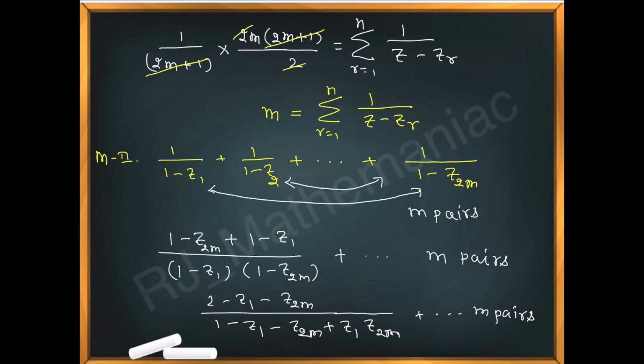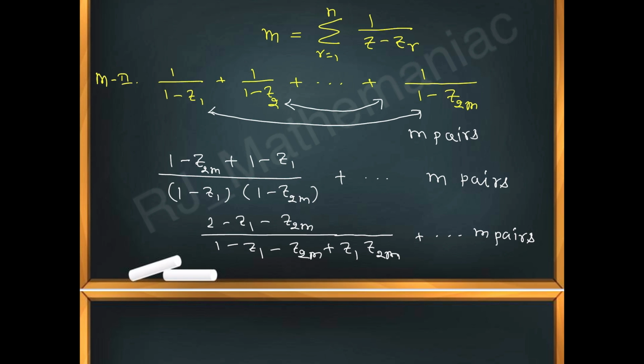Now we know that z1 and z2m are conjugate of each other. If they are conjugate, then z1 z2m can be written as z1 z1 bar, which is mod z1 square. And the product of the conjugates gives 1 only, because z2m can be written as 1 upon z1, because their product is actually z power n.